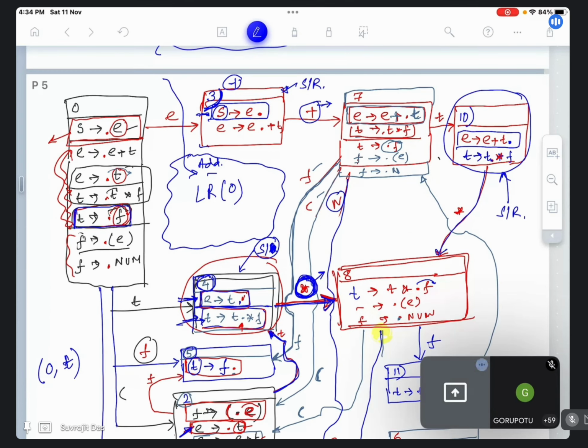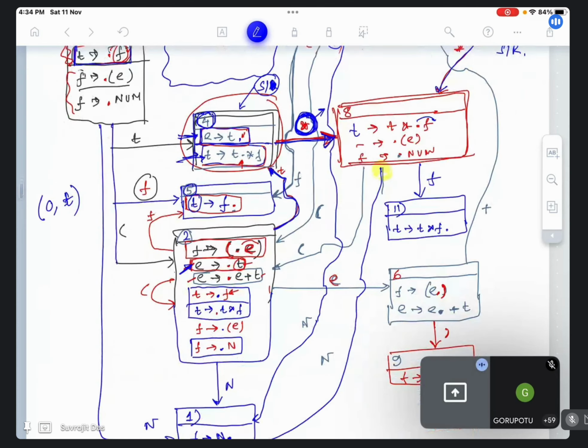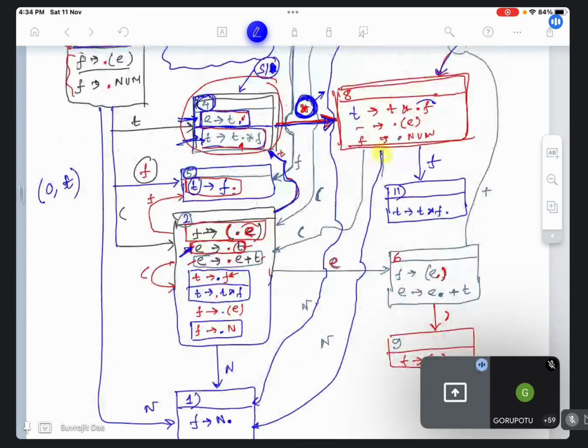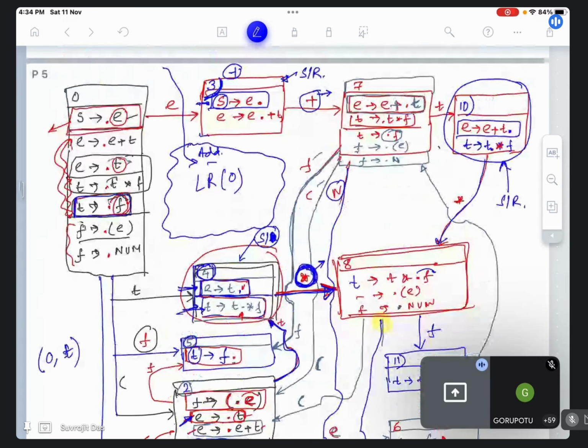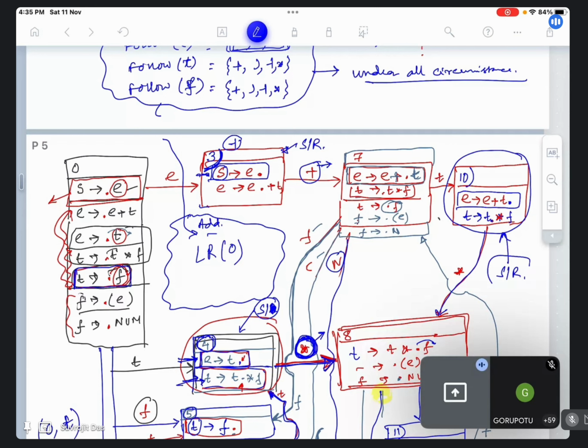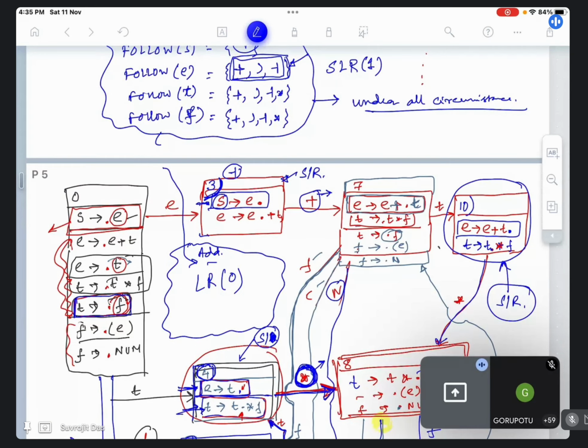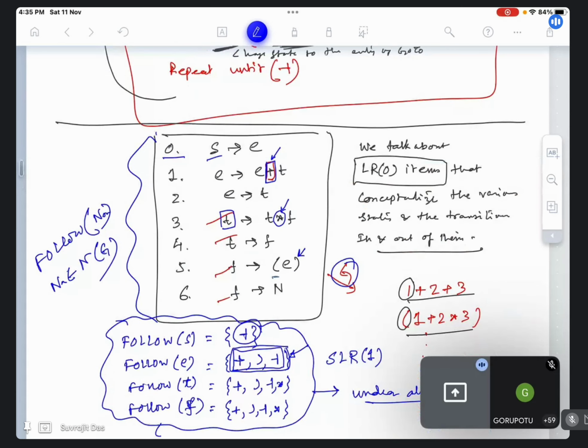So in this simple grammar, in this state diagram, what you can see is that none of the states has an SR conflict if you apply the concept of follow sets to these LR0 sets. And such a grammar that can resolve its conflicts by using the concept of follow sets is called an SLR1 grammar.